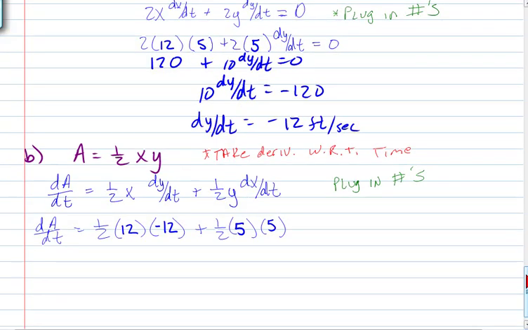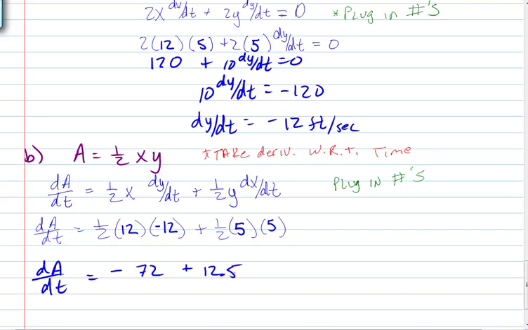Okay, so looking at this, dA/dt, the change in the area with respect to time, is going to be negative, that's 6 times 12, 72. Plus half of 25 is 12.5.